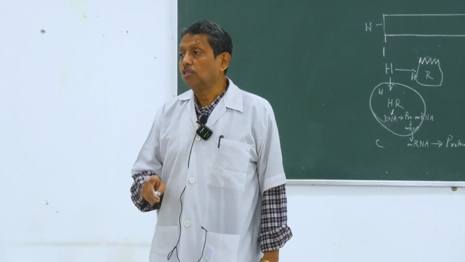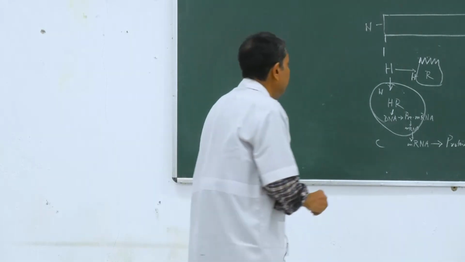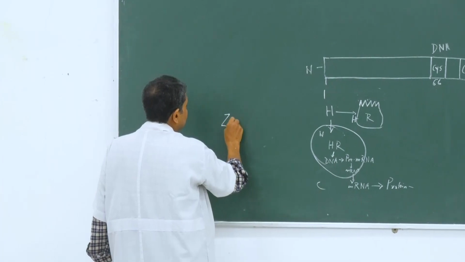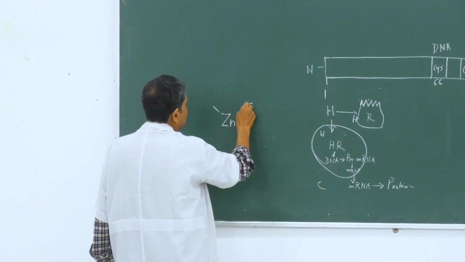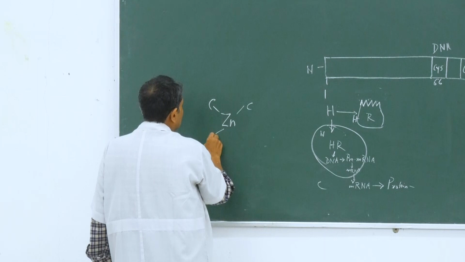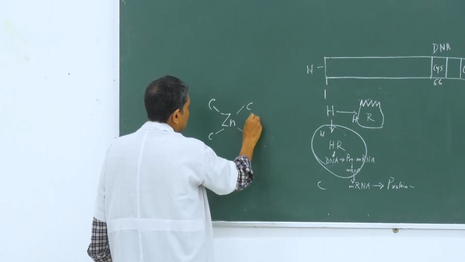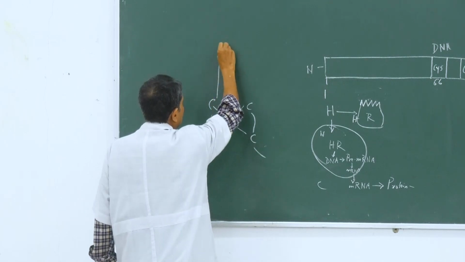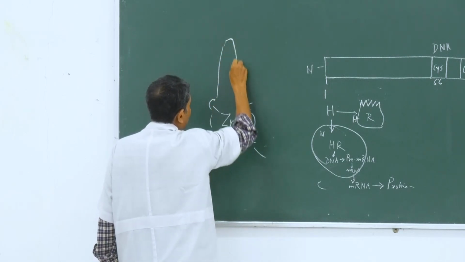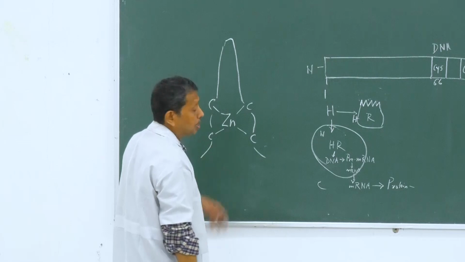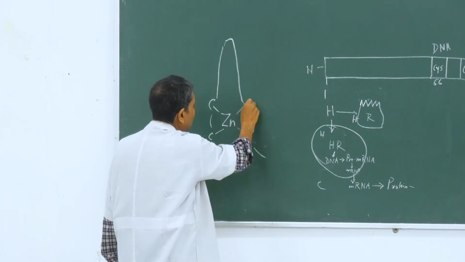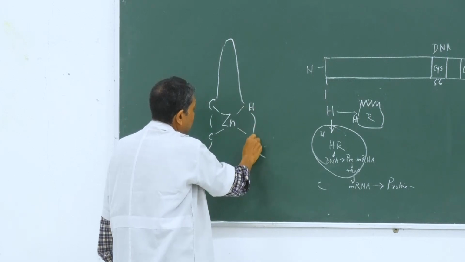Zinc finger motif, that is common. Suppose in this case, in the cysteine region, there is a gene, and cysteine. This type of motif is the zinc finger motif. Or in some cases, there are histidine moieties, zinc fingers.